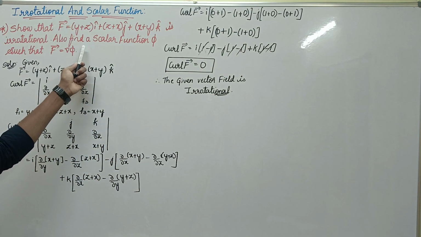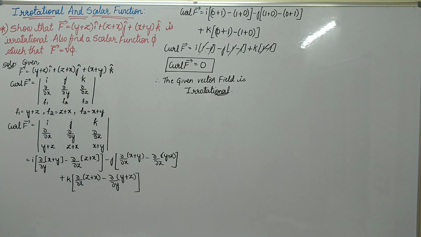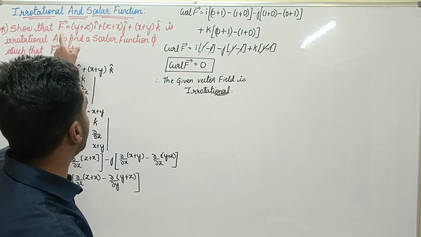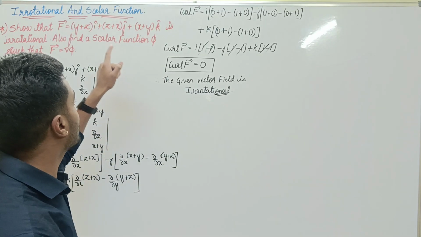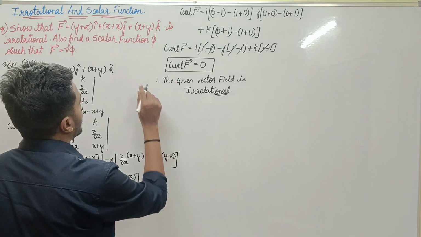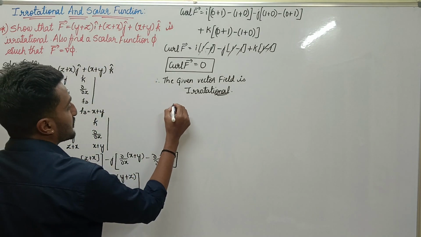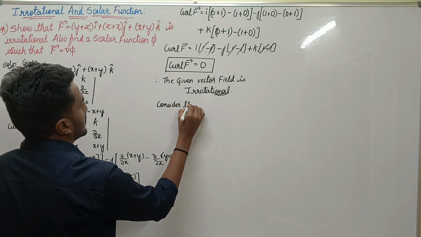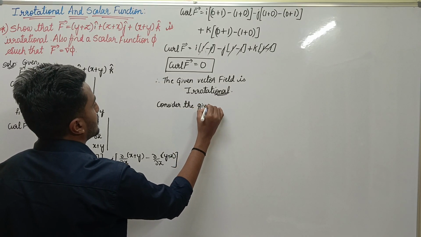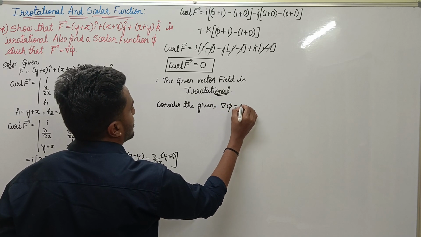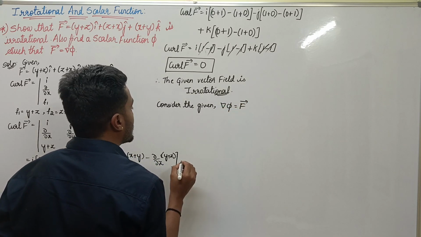Now next, also find the scalar function phi. Whatever scalar function phi we find, if I differentiate it, I need to get the same vector f. Let us see what they have given: scalar function phi such that gradient phi equals vector f. What is gradient phi?